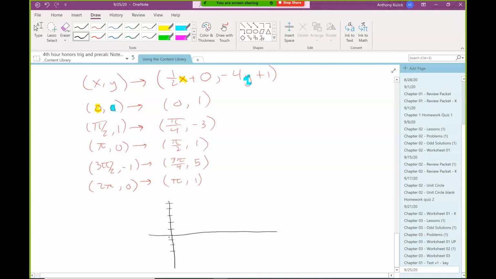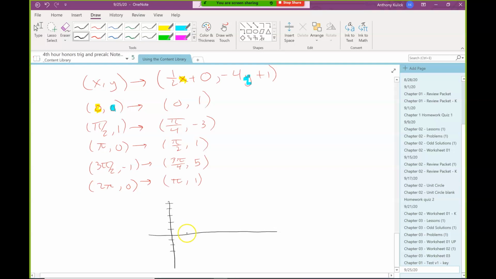And now if I look at my x-coordinates, they all look strange because they're in terms of pi's, right? But I don't care about that. The part that I care about is that I see 0, 1/4, 1/2, 3/4, and 1. Did you guys see that when we look at that, ignoring the pi's? So all these x-coordinates are equally spaced, right?